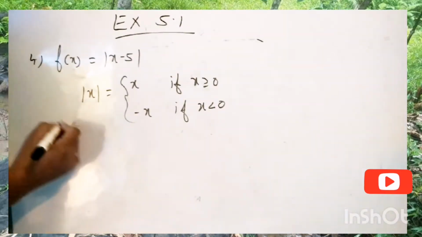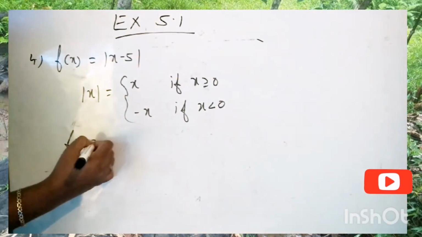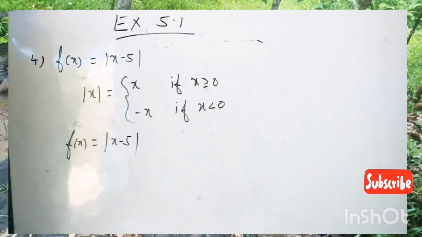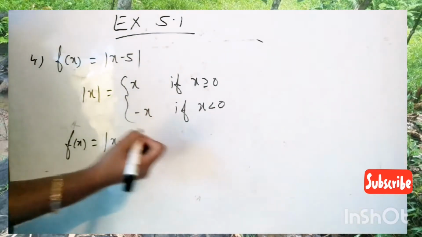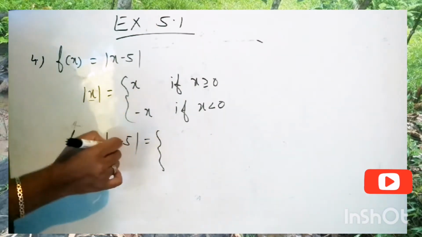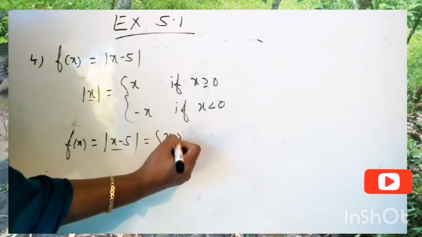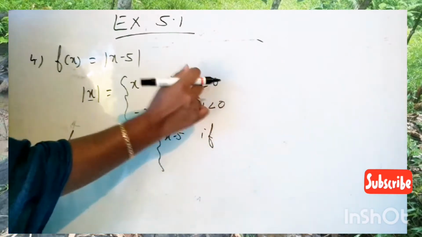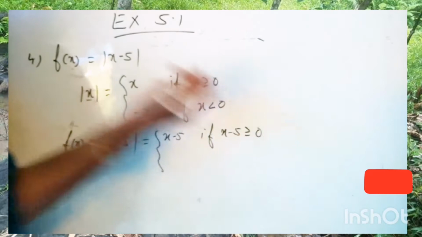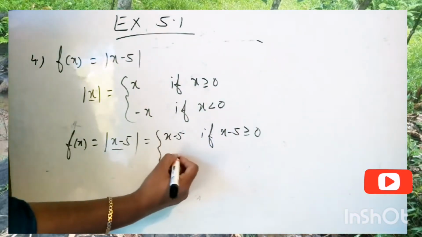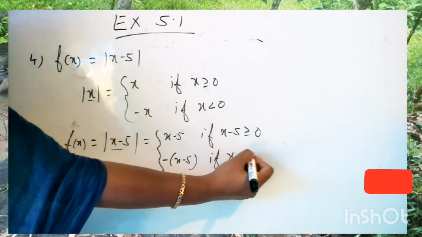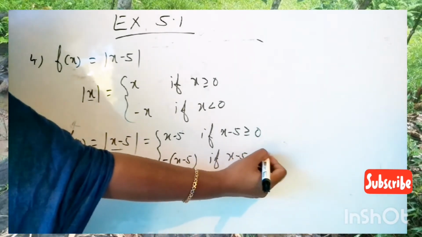So I am going to write this f of x, f of x equals mod x minus 5, and this is equal to, similarly, instead of this x we have x minus 5. So x minus 5 if x minus 5 is greater than or equal to 0, and minus of x minus 5 if x minus 5 is less than 0.